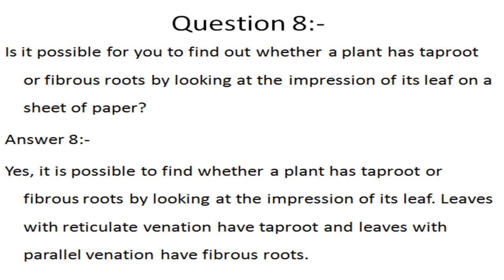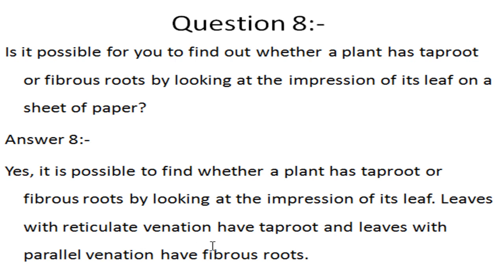Our next question is question number 8. Is it possible for you to find out whether a plant has taproot or fibrous root by looking at the impression of its leaf on a sheet of paper? So the answer is yes, it is possible to find whether a plant has taproot or fibrous root by looking at the impression of its leaf.